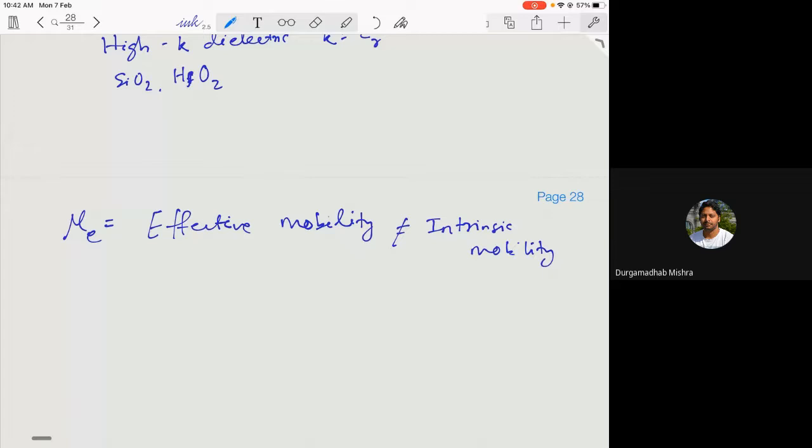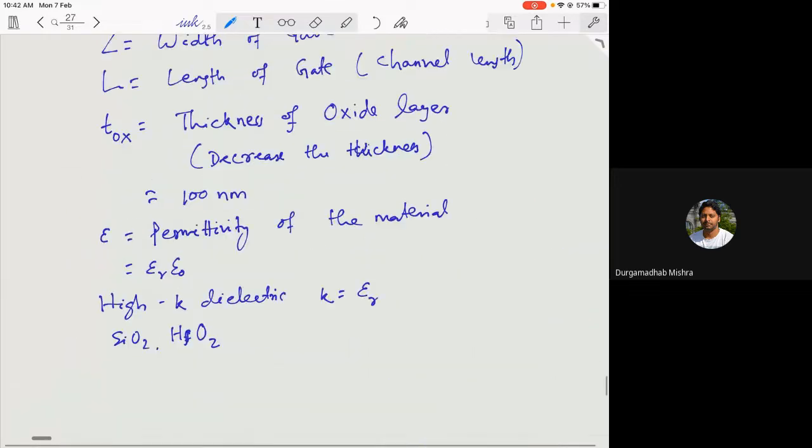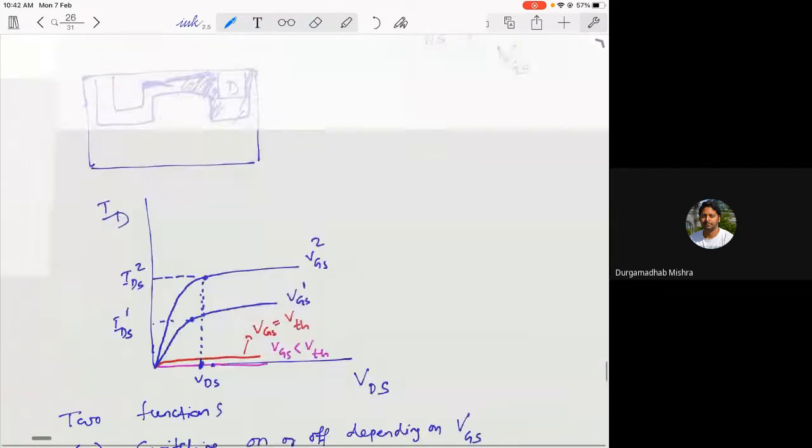This mobility depends on the electric field that is applied across the insulator and your metal insulator junction. So this is your electric field dependence. That's why it's known as effective mobility, because you have an electric field.